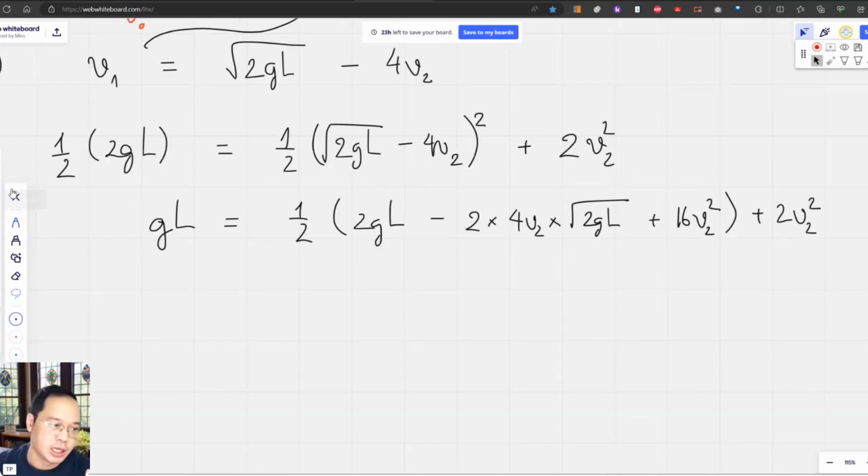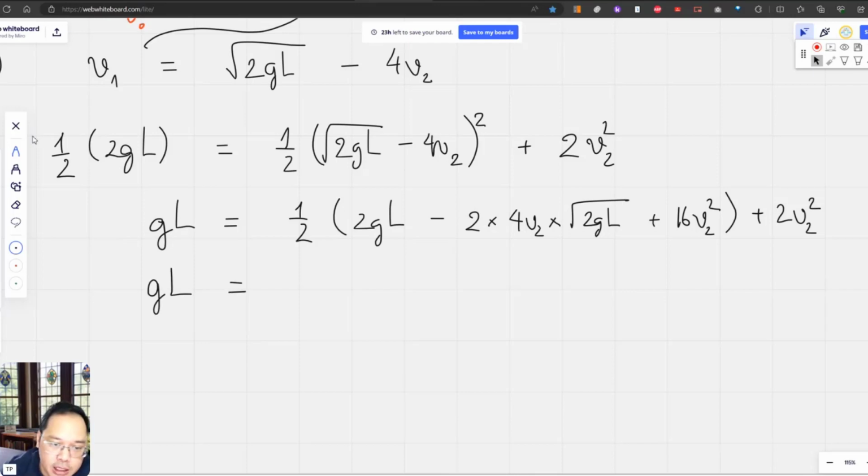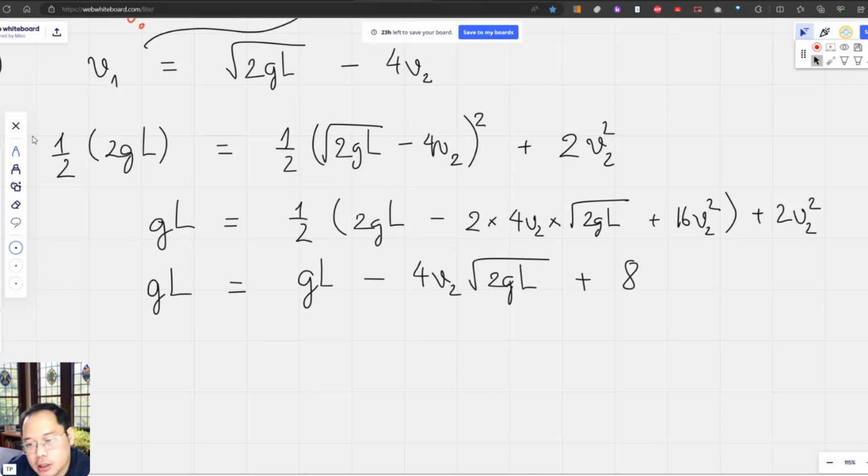You see that for a complicated problem like this, you need to double check after finishing it, or be very careful with each single step. Multiplying the 1 into the bracket, this is 2gL, minus 8 v2 times the square root of 2gL, and 8, not 16, 8 v2 squared, and then add 2 v2 squared, so that makes 10.